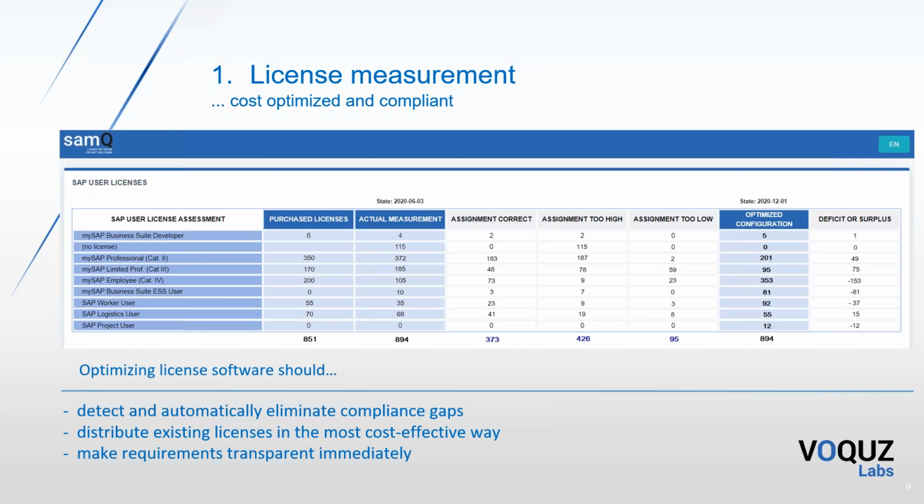On the one hand, we have the user licenses. You have the purchased licenses that you bought at a certain point in time, the ones that are named in your contract with SAP. And then you have an actual measurement.